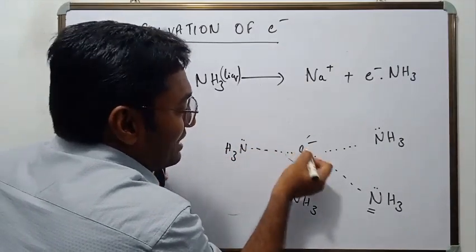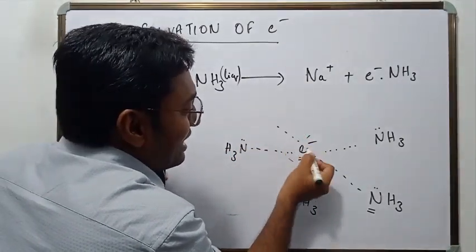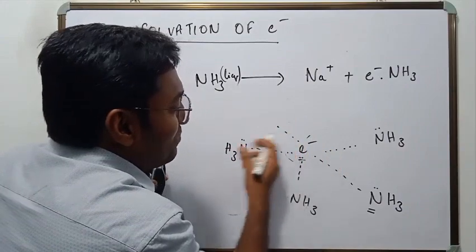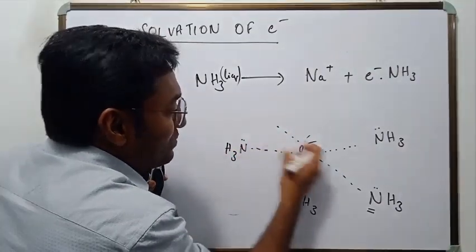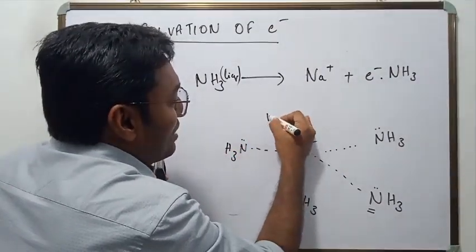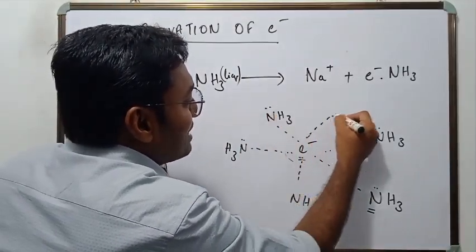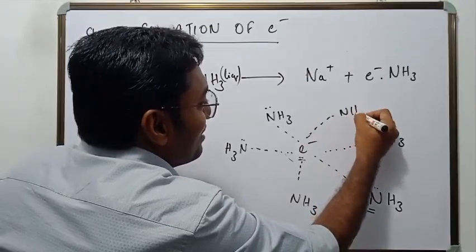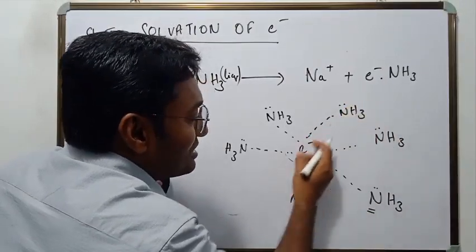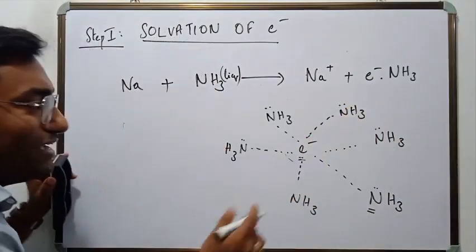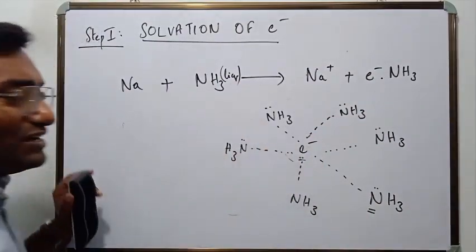It pulls the electron towards itself, and the electron has a unit negative charge. It pulls the nucleus of nitrogen towards itself. So what could happen? All ammonia molecules would come and surround the electron. There is no bond formation, it just gets loosely associated, right?